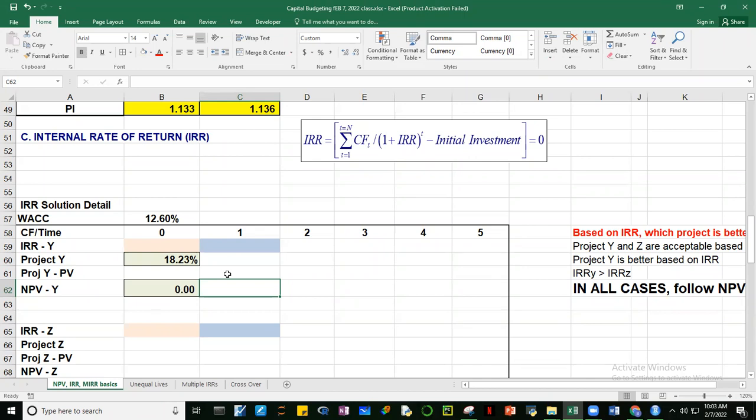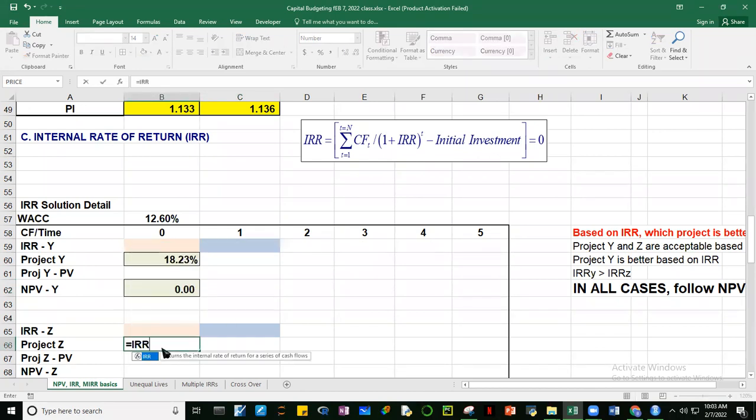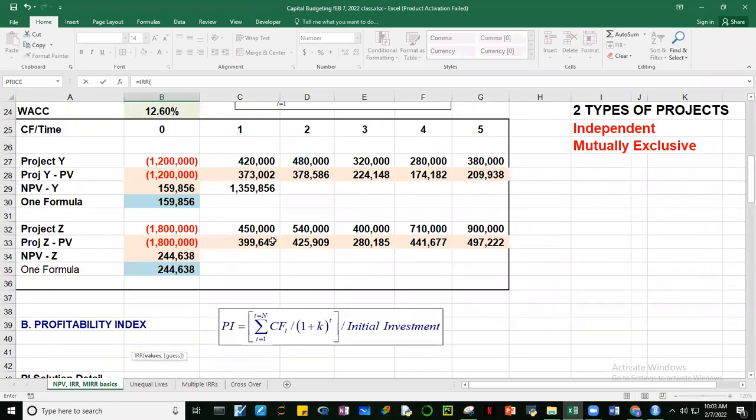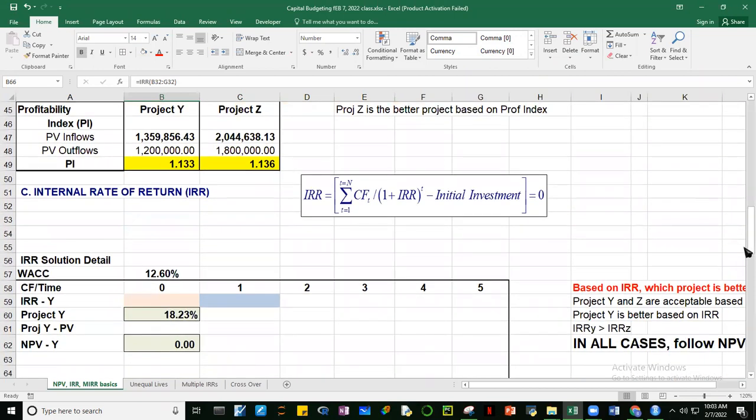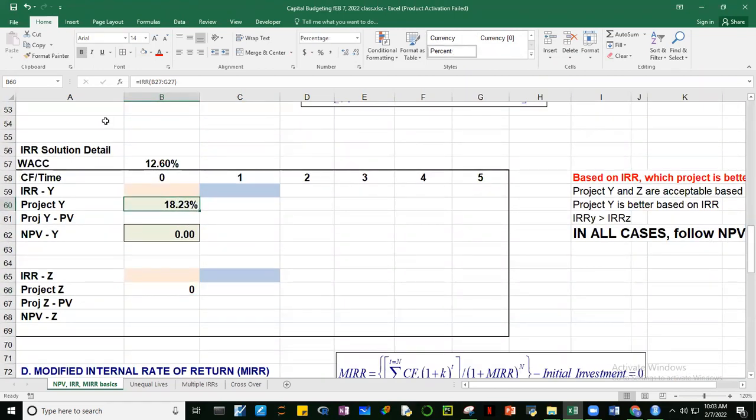And the same thing for project Z, guys. For project Z, this is equal to IRR. So let's make use of the cash flows of project Z. This one. Let's copy this format. There. So it's 17.39. Okay. And let's copy this. Oops.